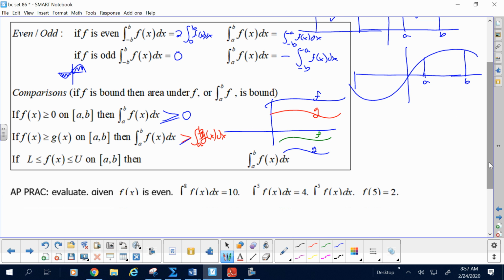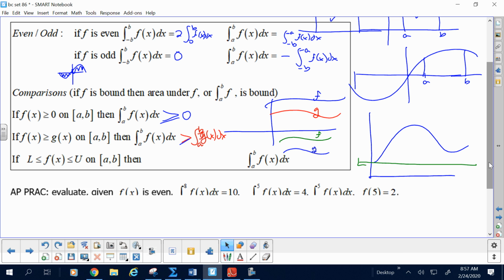So given that, if I told you f is some curve that is always above some lower bound L, where L is some constant, and always less than some upper bound U, then what could you tell me about the area under f from A to B?